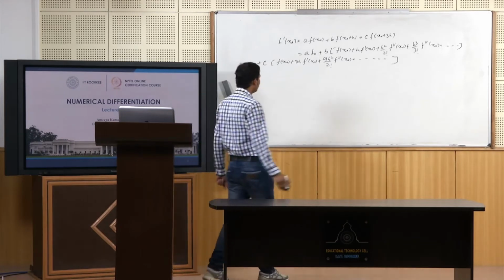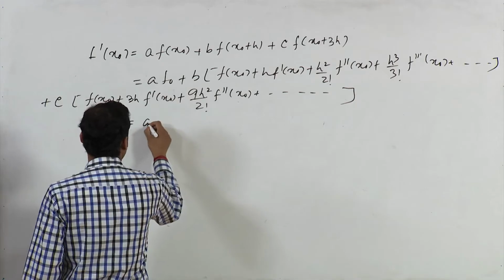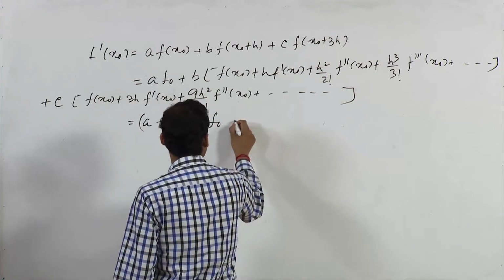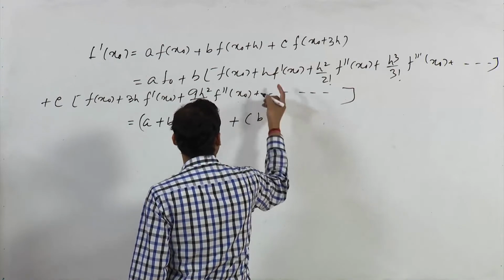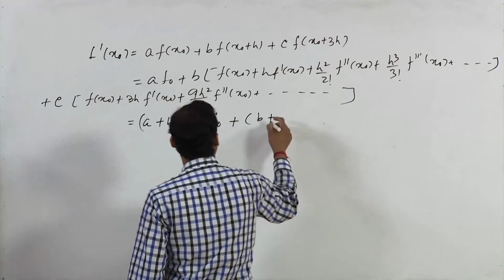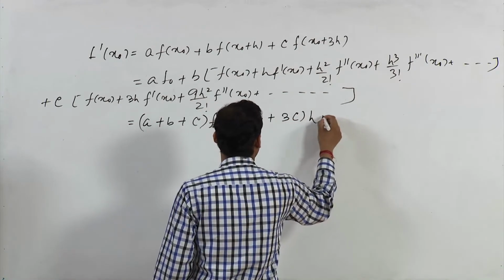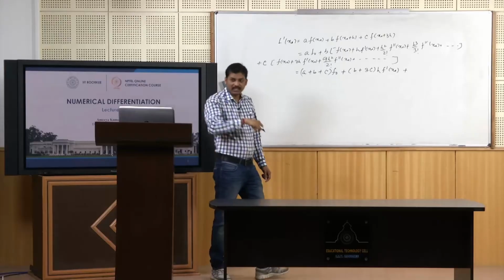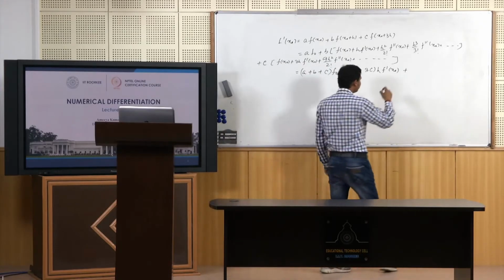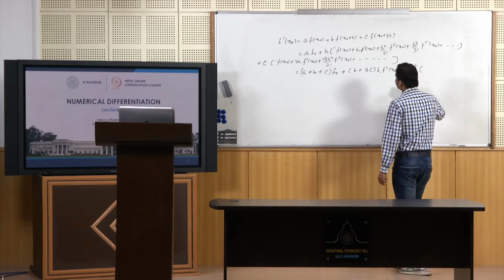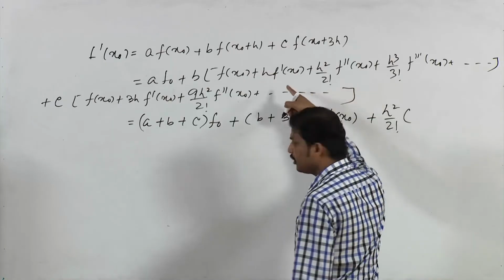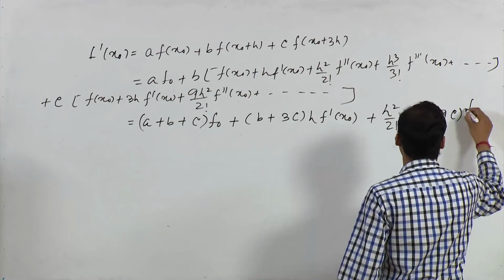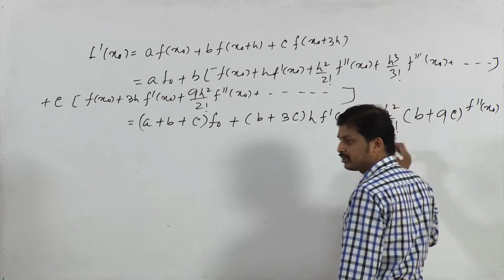So we can write that coefficient as 0. If we separate all the coefficients from the right hand side, the first one is (a + b + c) f0. The second is (b + 3c) h f'(x0), and the third is (b + 9c) h²/2! f''(x0), plus remaining terms.